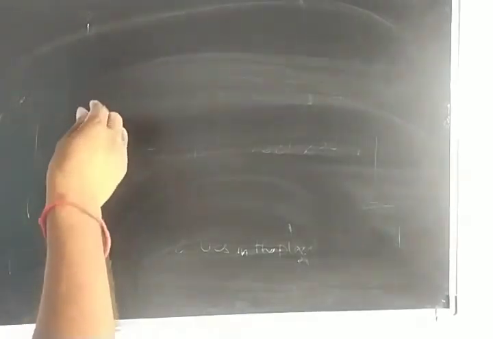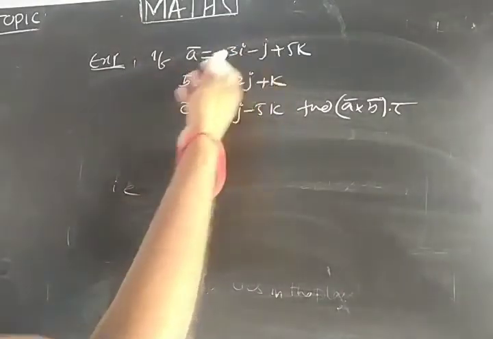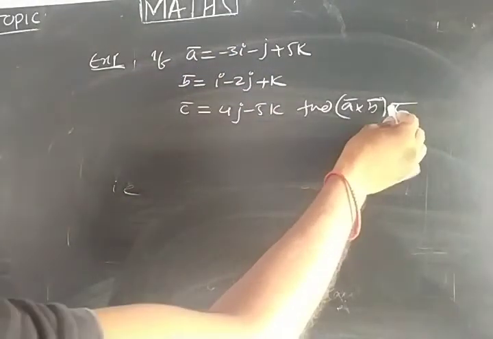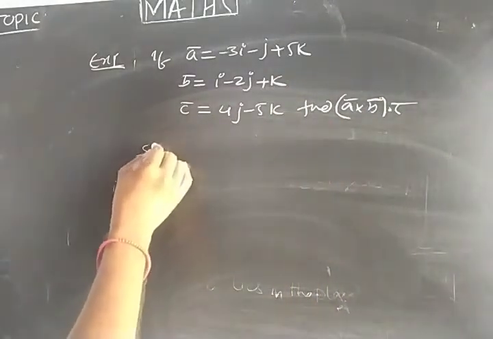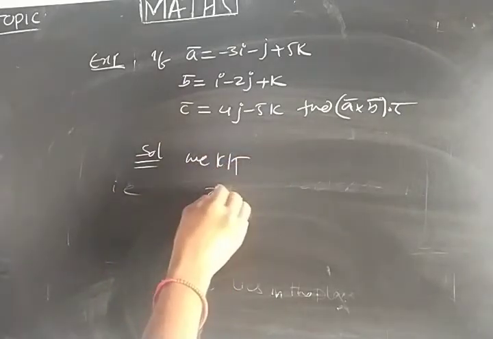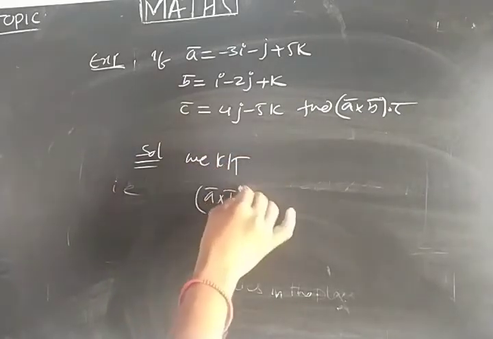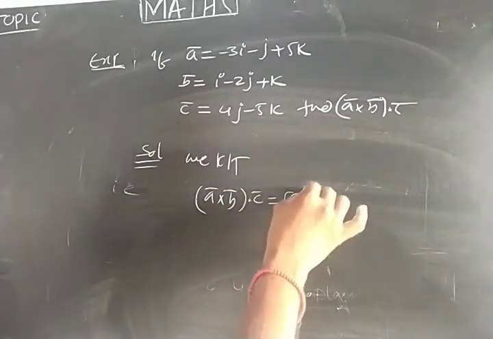Now let us do one problem. Now an example problem on scalar triple product. A bar, B bar, C bar are given. We are going to find the scalar triple product of A, B, C. Solution. We know that A bar cross B bar dot C bar is nothing but bracket ABC.